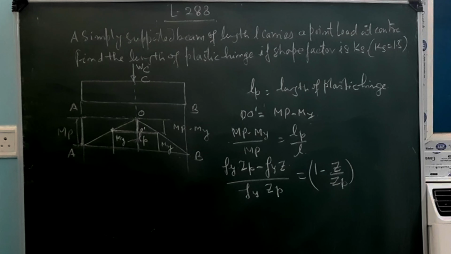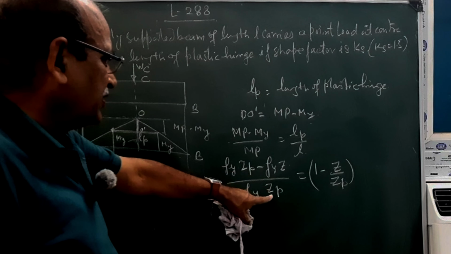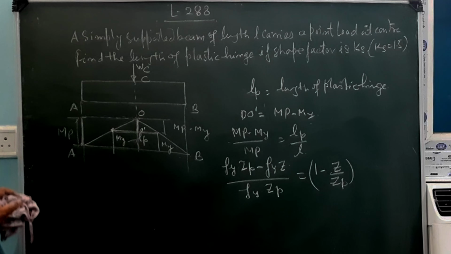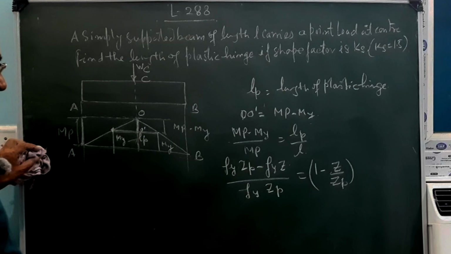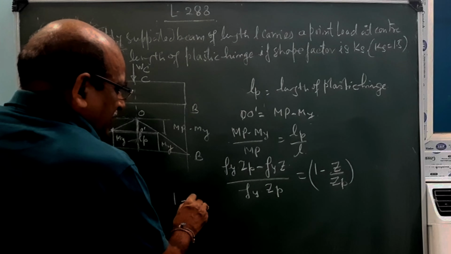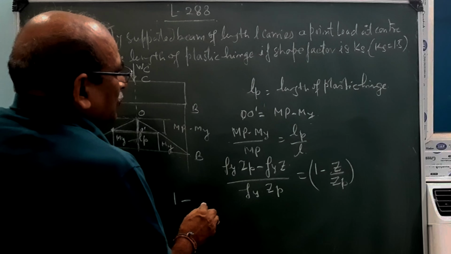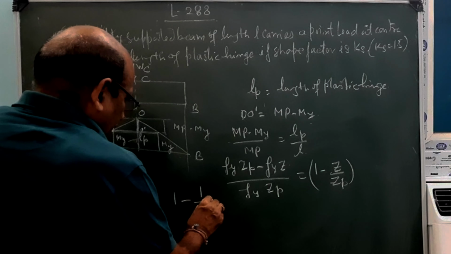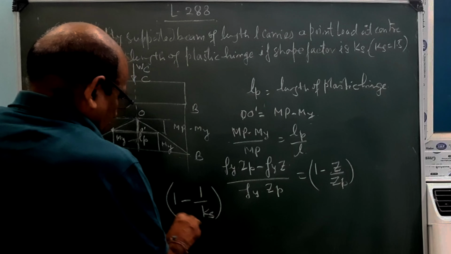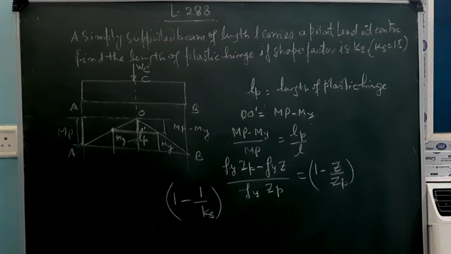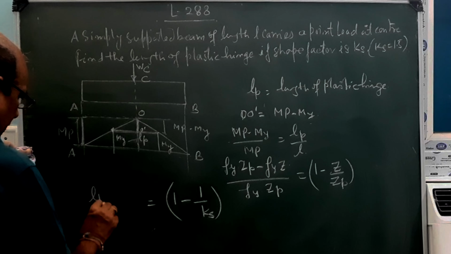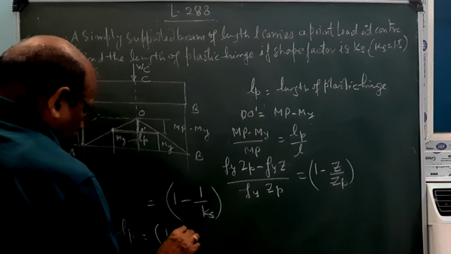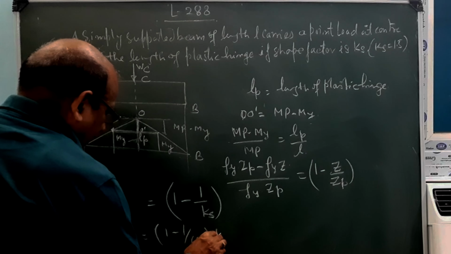Fy cancels out, Zp upon Zp is 1. So 1 minus Z upon Zp, where Zp upon Z is Ks, equals 1 minus 1 by Ks equals LP upon L. So LP equals 1 minus 1 by Ks multiplied by L.